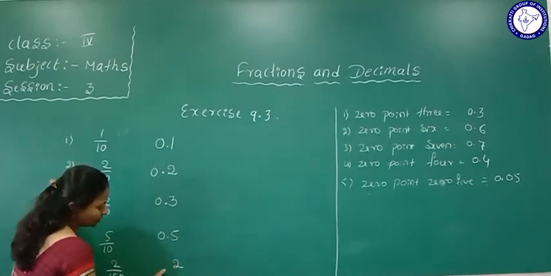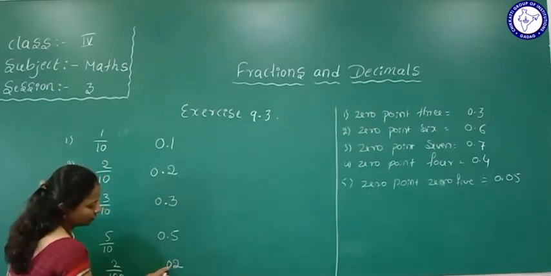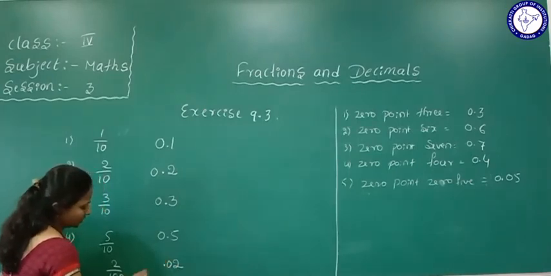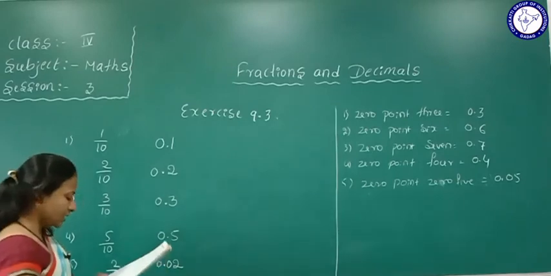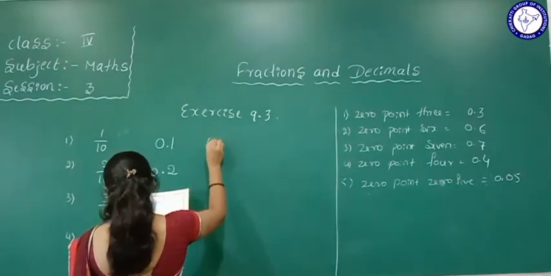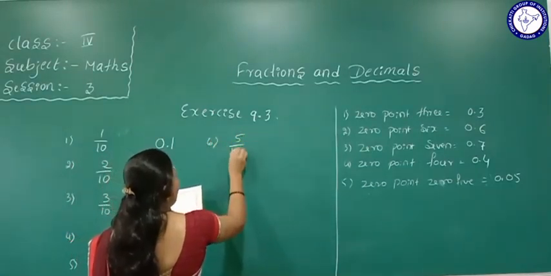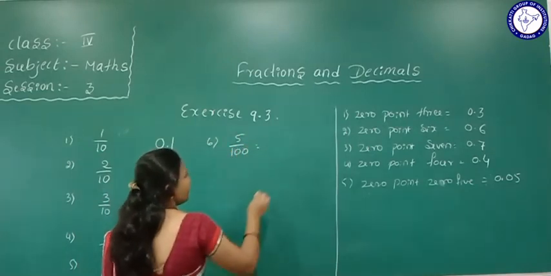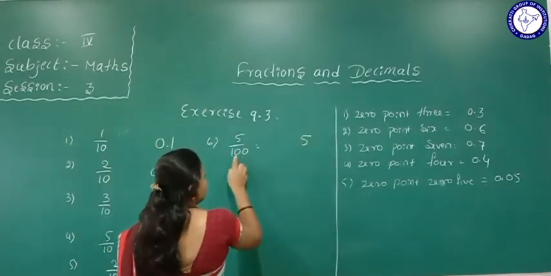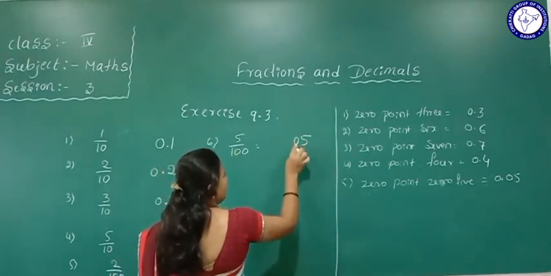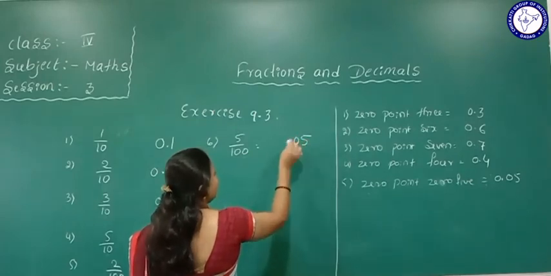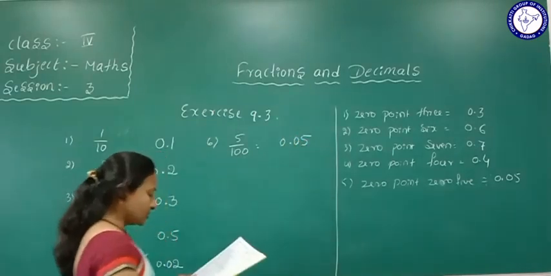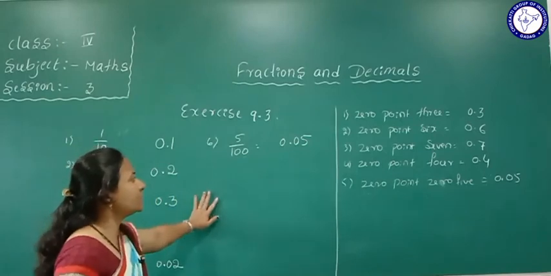It means we'll write 2 digits. After that give the point, write 0, 0.02. Okay. Next one, that is sixth, 5 by 100. Okay. First write the 5. See the zeros. 2 zeros. 1 digit, 2 digits. After 2 digits, give the point and write 0, 0.05. Yes, understood this one?